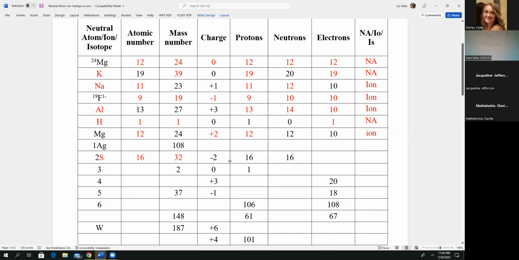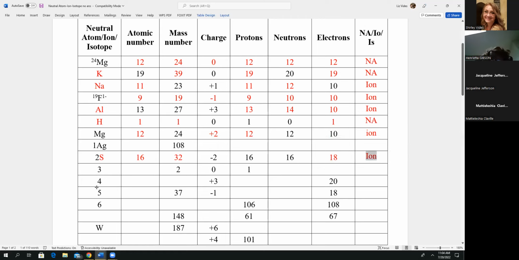Remember, normally electrons are the same as the protons, but if we have a -2, that means we have gained 2. So if normally we would have had 16 and we gained 2, the answer would be 18, right? All right, since we have 18, that means we have an ion. So that is the answer to that one.